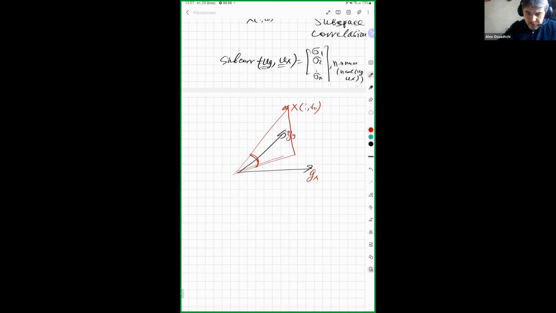And this guy belongs to this plane spanned by GX and GY, right? So this is GX, this is GY, right? And this is a projection of this guy. We were measuring this angle, called it gamma, right? And we were measuring the cosine of gamma, and cosine of gamma was telling us the extent to which this guy belongs to the space. And cosine of gamma is subspace correlation between this one-dimensional subspace and this two-dimensional subspace. Okay, the plane in which these two vectors lie, right?